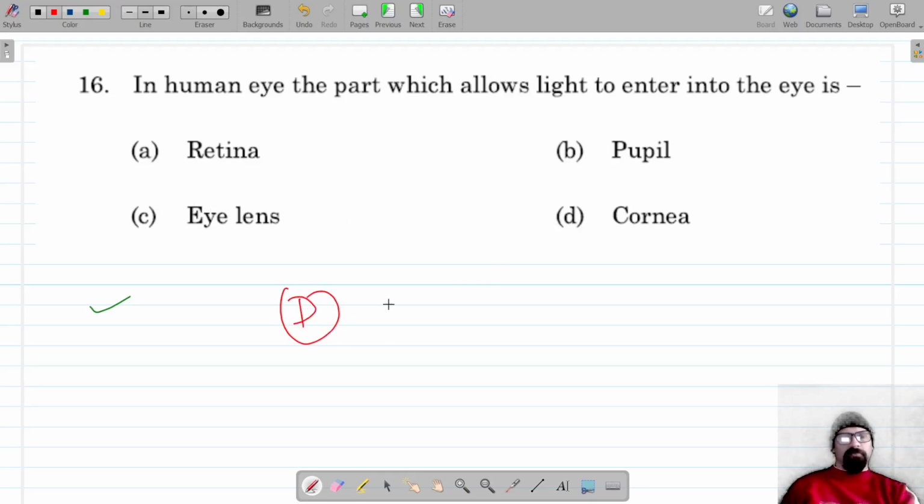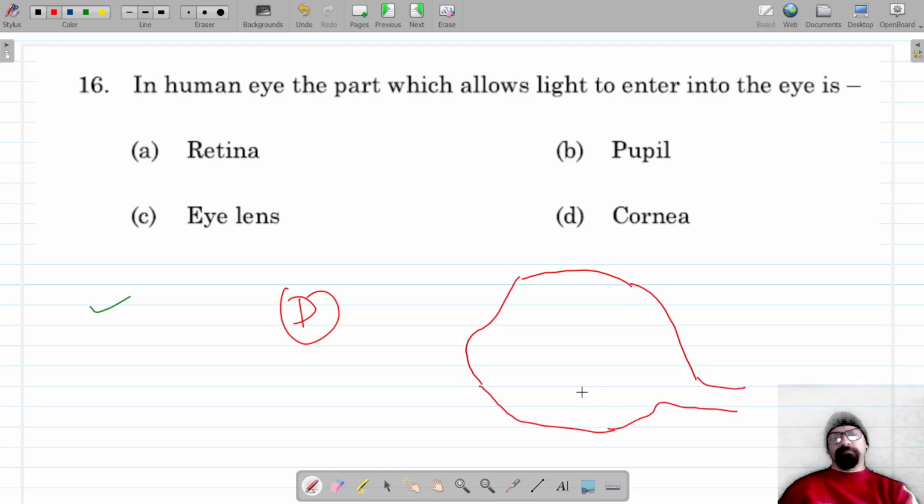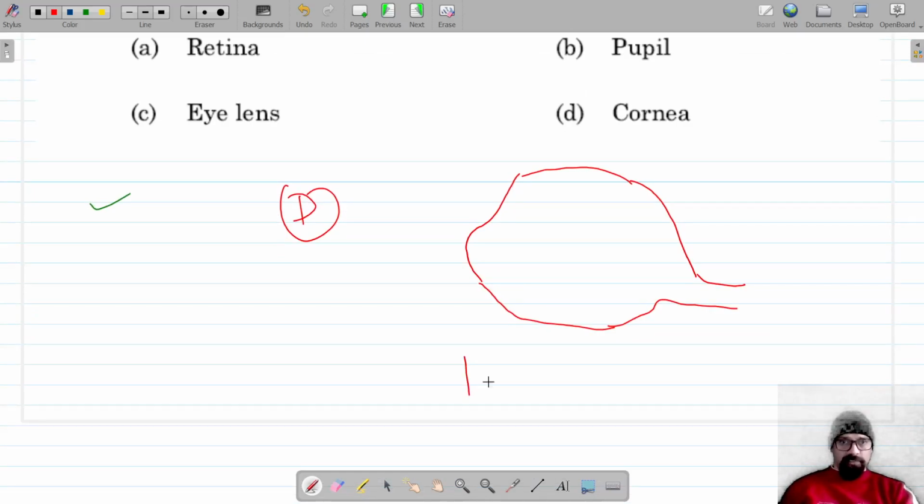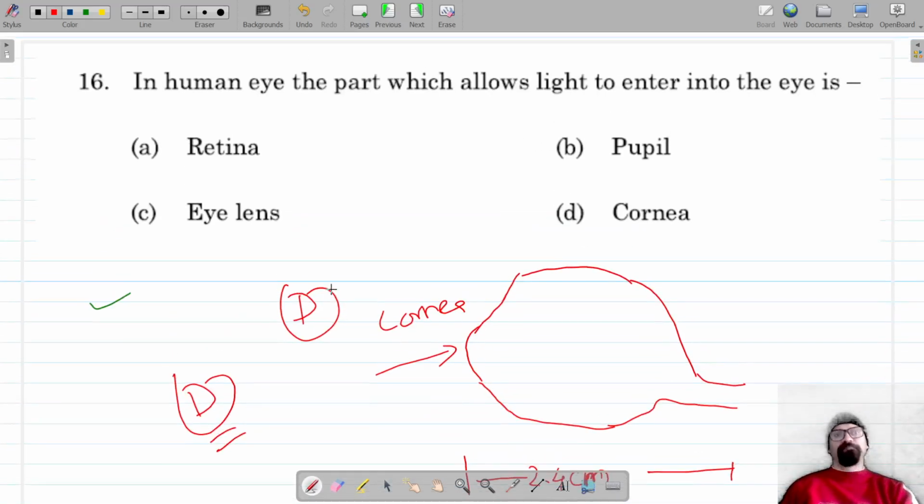So this is option D. If this is an eyeball, which has a diameter of approximately 2.4 centimeters, this bulging out part is called the cornea, and the light enters through this part. So our option is D, which is cornea.